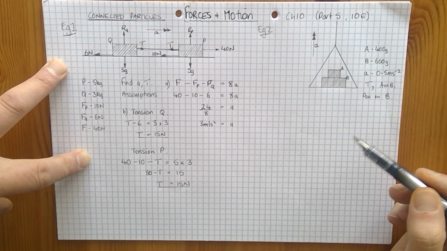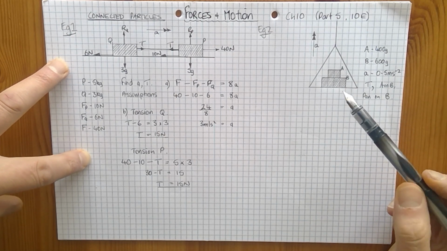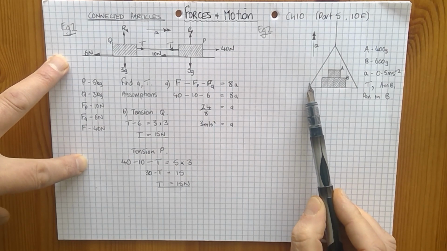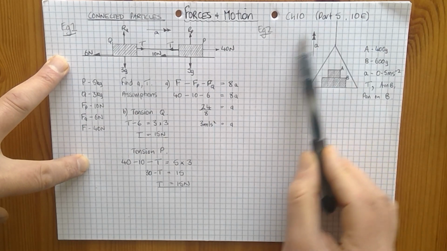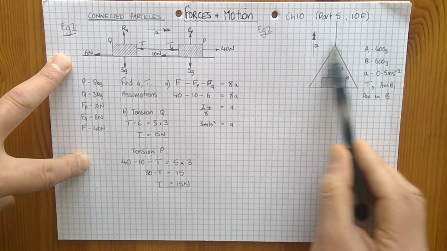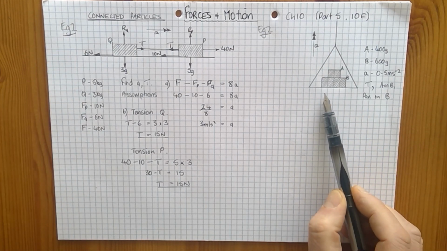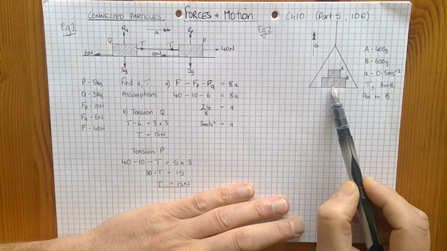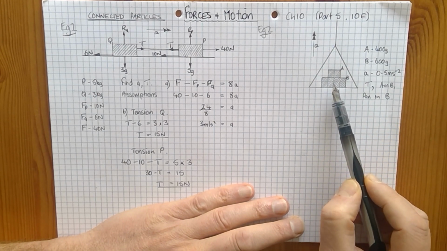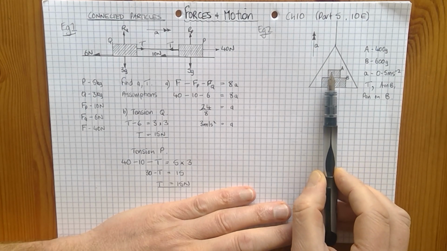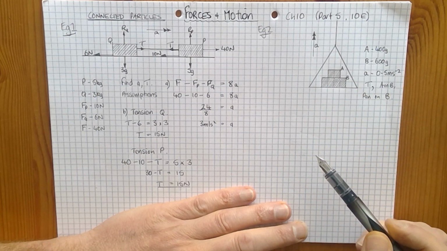Okay, the second scenario, which looks very different, but operates on the same kind of basis. A kind of question you might get is the question of a lift or a scale pan or something like that. So here you have a scale pan. In this particular example, it weighs nothing. The scale pan is holding 2 weights, weights A and B, and the whole thing is accelerating upwards.